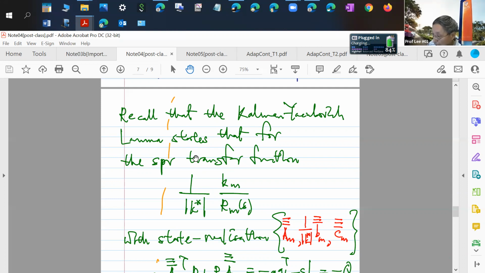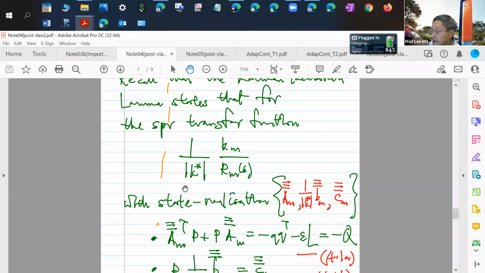I multiply it by 1 over magnitude K star. I will not need to know the value of 1 over magnitude K star. All I need is what I set up. But if I multiply this by a positive number, this remains strictly positive real.